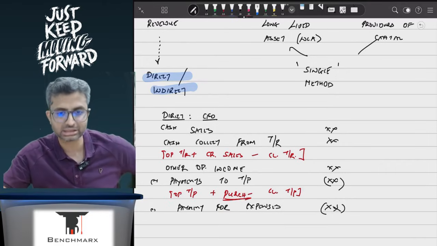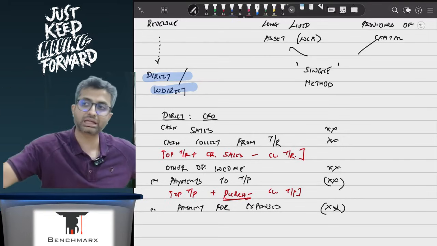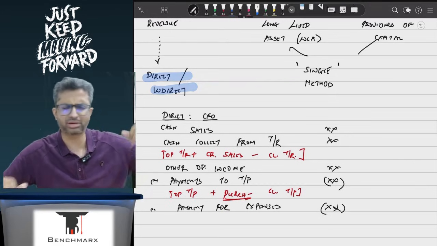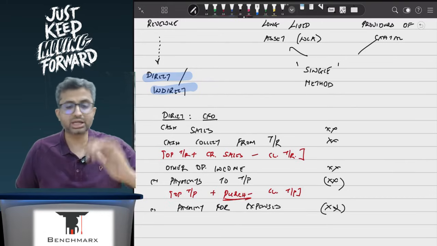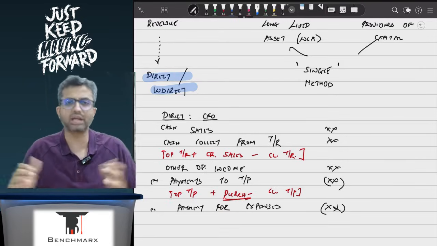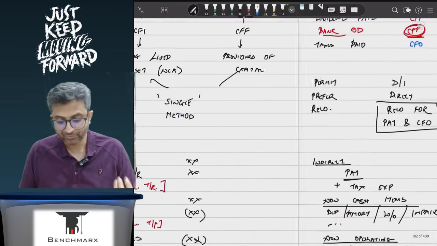Increase in current assets, you will deduct. Increase in current liabilities, you will add. Current assets have an inverse relationship, current liabilities have a direct relationship. That is, increase in current assets, you will deduct. Decrease in current assets, you will add. Increase in current liabilities, you will add. Decrease in current liabilities, you will deduct. So this is pertaining to your indirect method of cash flow.